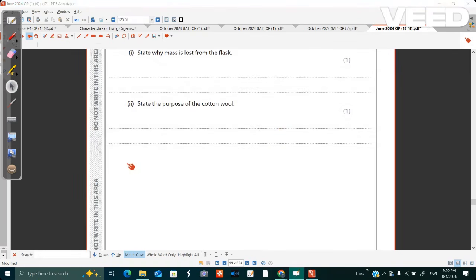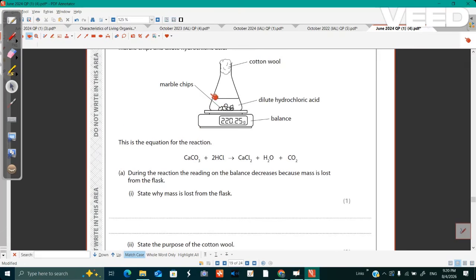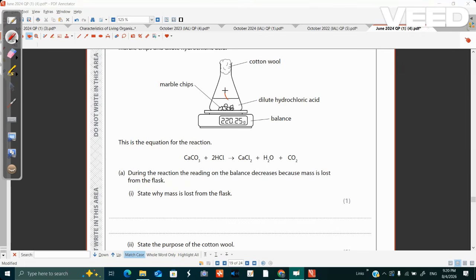State the purpose of the cotton wool. They have asked it, right? You can write that if it is a violent reaction, if it is bubbling, these bubbles may spill over. Calcium carbonate is a very nice reaction, just like 7 Up, Sprite, Coca Cola. When you shake it, you see bubbles or foam formed. Like that, you can have some foam being formed, and if that foam goes off, it will affect the reading.